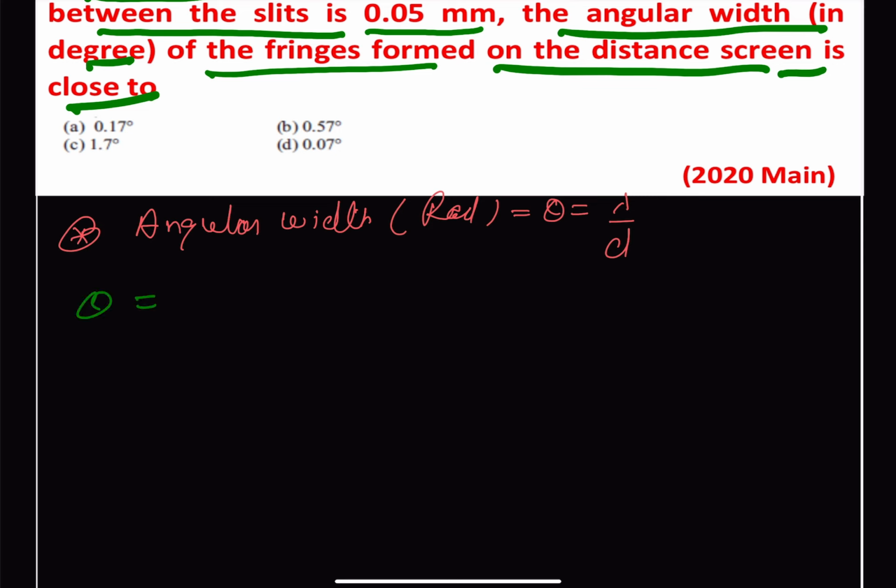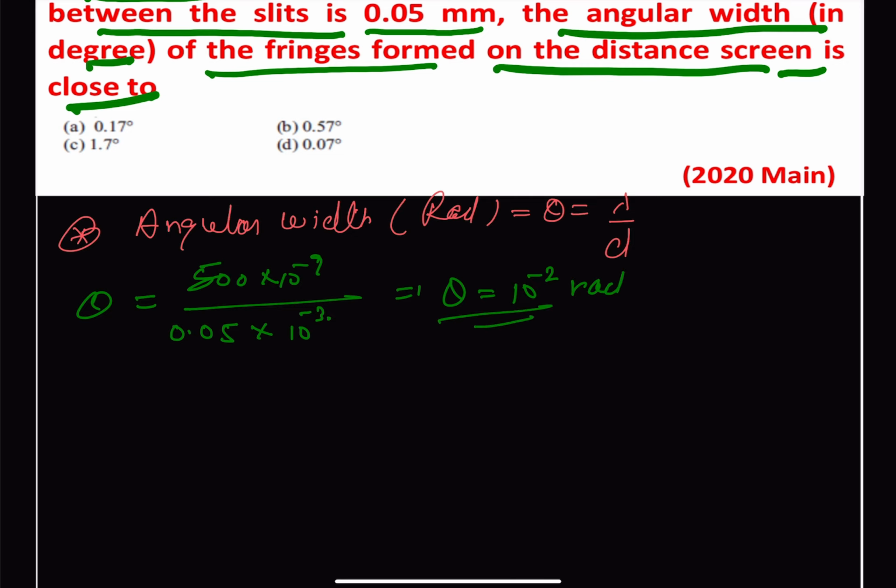Lambda is 500 nanometer and d is given as 0.05 millimeter. So theta is approximately equal to 10 to the power minus 2 radians.